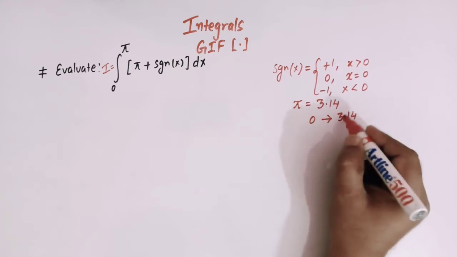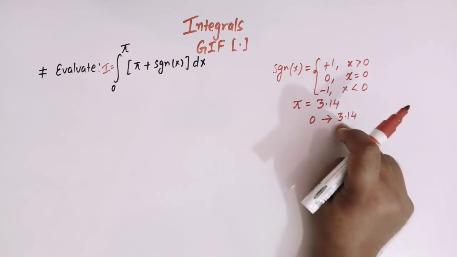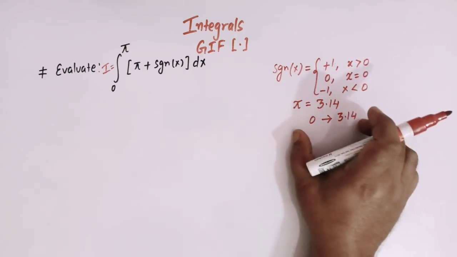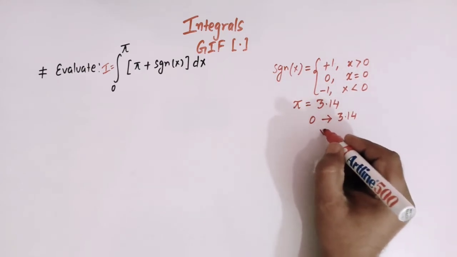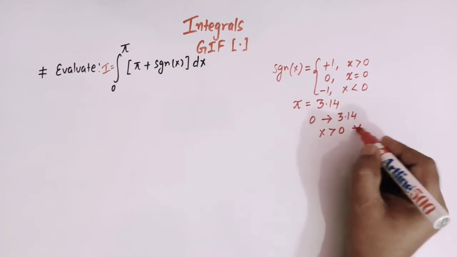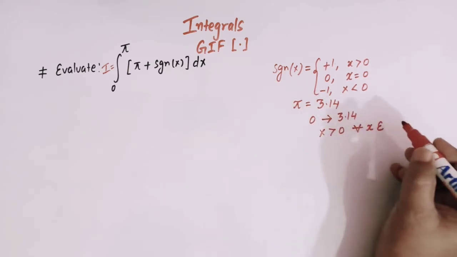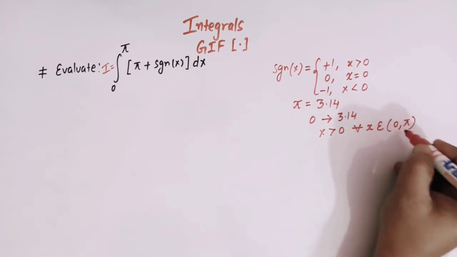From 0 to 3.14, all the values of x are positive, so x is greater than 0 for all x belonging to the interval 0 to pi.